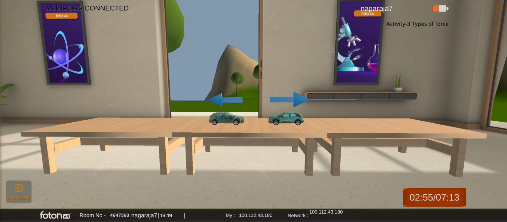Here, we can see a repulsion between the two cars, because the two same poles of the magnet are repelled by each other. Here, both cars are arranged in such a way that the north poles are in front of each other. Let's change the pole of one car from north to south.